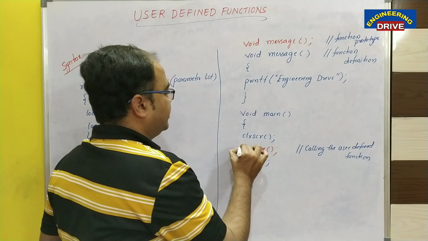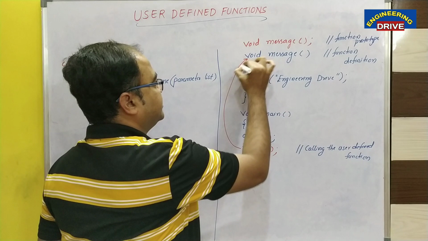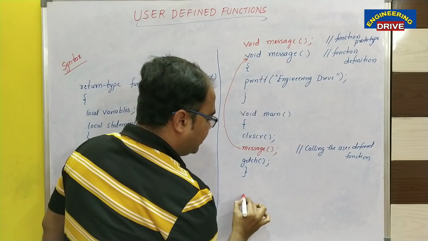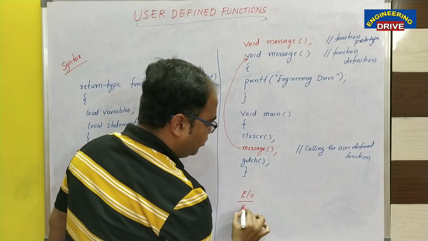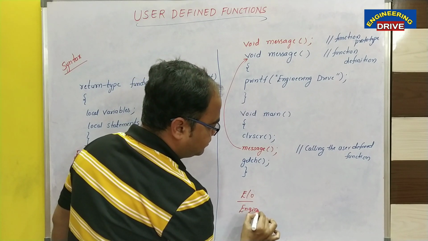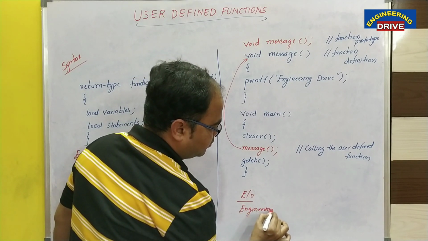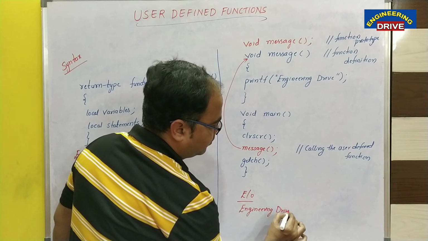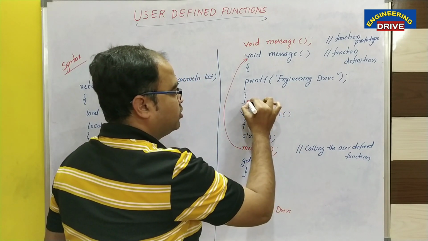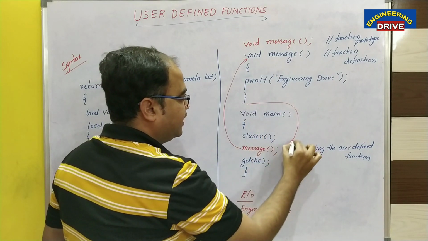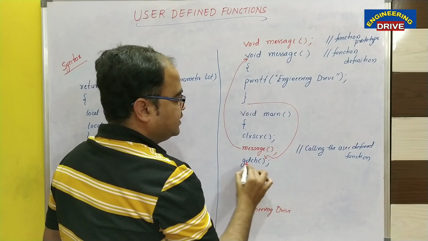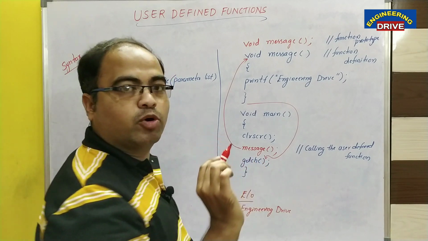From here control will directly go to the message function, and we will get the expected output, engineering drive. After displaying the output, once the function definition work is completed, control will come back to the next line after message. So what is the next line after message? Getch, and our program closed.